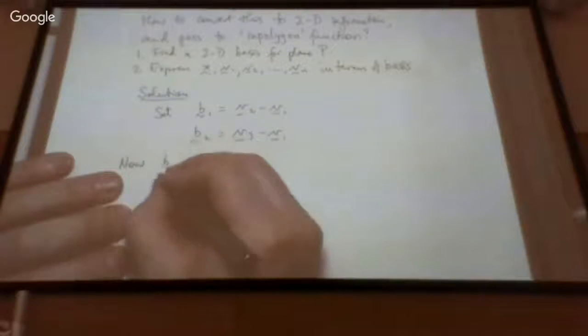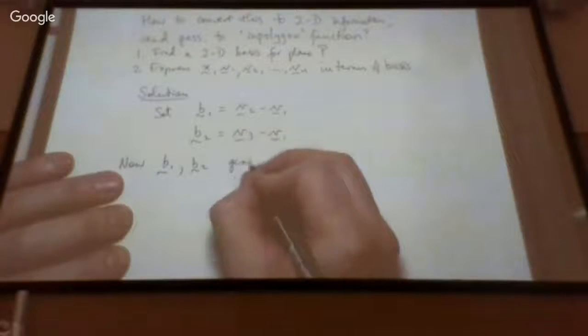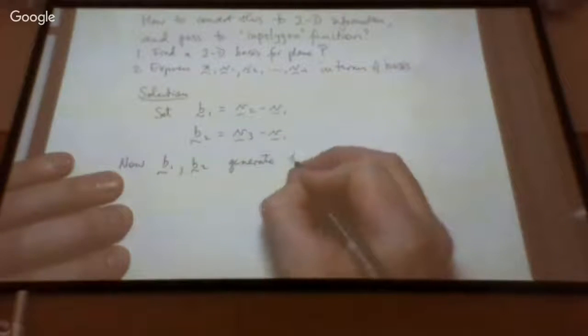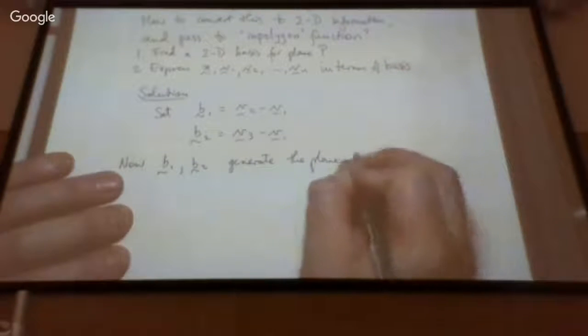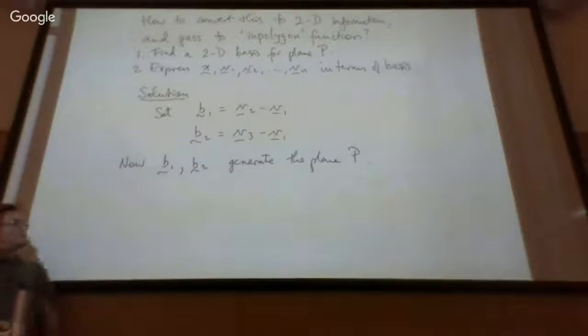So now b1 and b2 generate the plane P. Any vector lying along the plane P could be written as a linear combination of b1 and b2. b1 and b2 are two different vectors lying in the plane P that generate it. And in fact, they are a basis for it. Assuming that v2 and v3 are different vectors, they will be linearly independent.